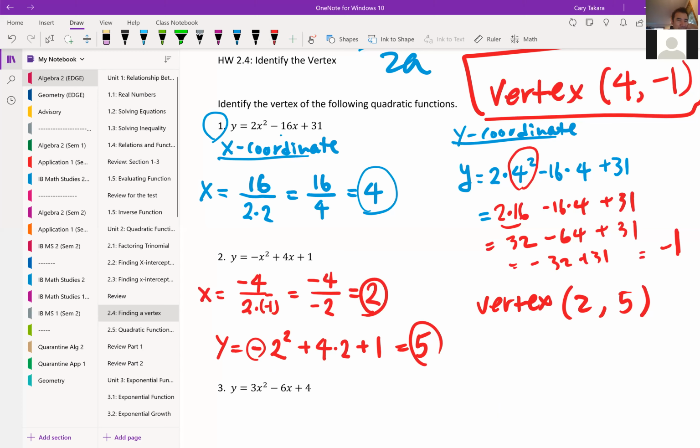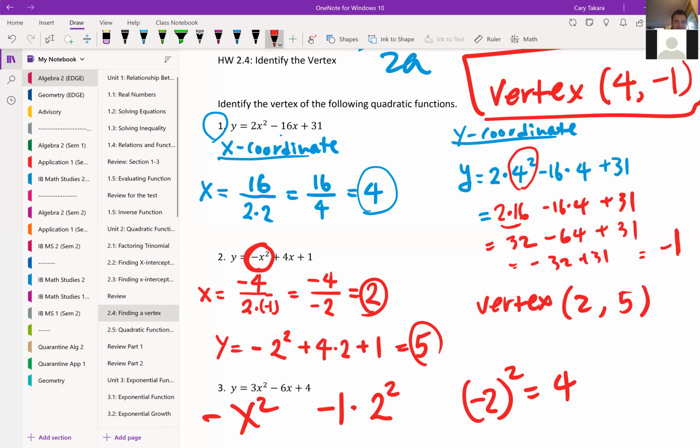Now, I've been telling you guys that if it's negative 2 squared, that will be positive 4, right? But in this case, it is negative 1 times 2 squared. That's what that negative x squared means.